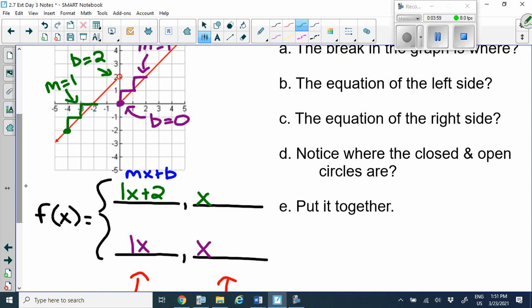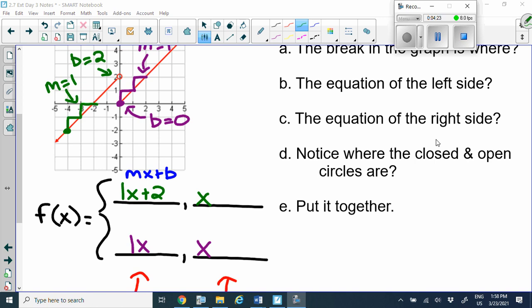Okay, now for my 1x plus 2, I need to determine what is the x value of that open circle. Basically, what you're doing is you're looking, well, where do the open circle and the closed circle overlap? So we look, the open and closed circles, they are right on top of each other.